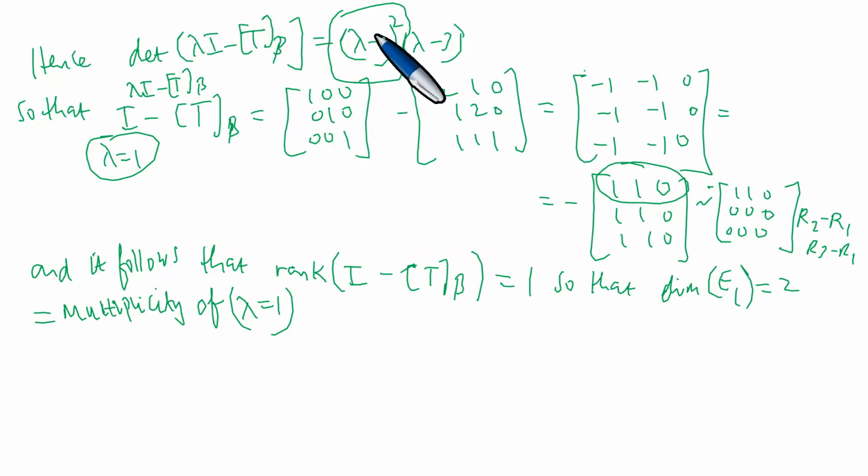If this is 2, and the dimension of the eigenspace is also 2, which is the multiplicity of lambda equals 1, therefore T is diagonalizable.